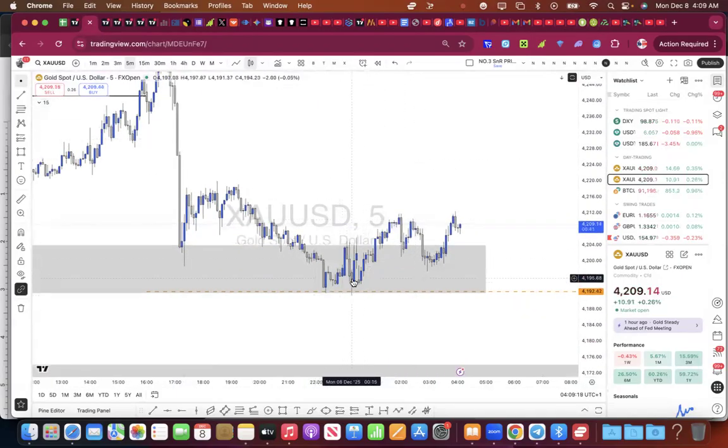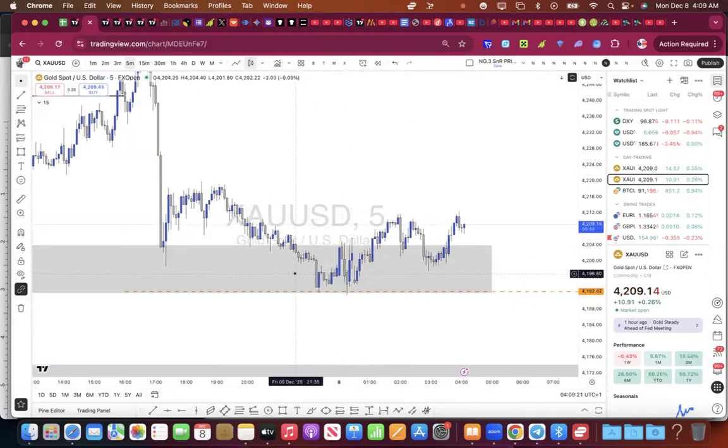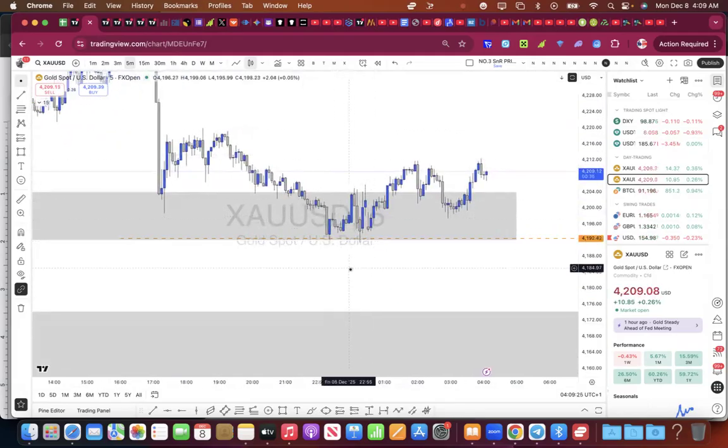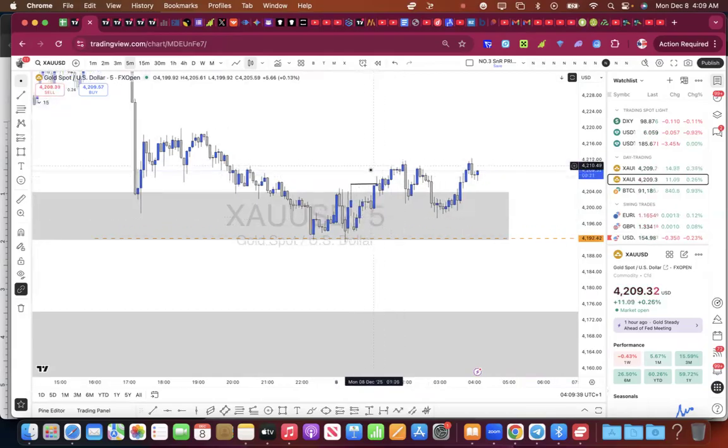For somebody who, after the sweep of liquidity here, let's look at something on this 5-minute time frame. So after this, we have something like this on 5 minutes. So this is a break of structure on this 5-minute. Then you have a point of origin, so down here.